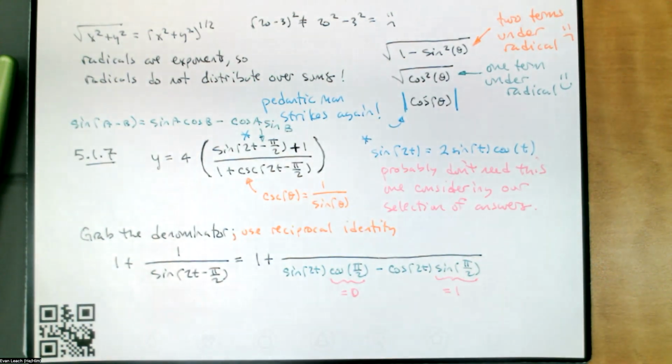Cosine starts at 1, drops down to 0 in the first quadrant. Sine starts off at 0 and goes up to 1 in the first quadrant.